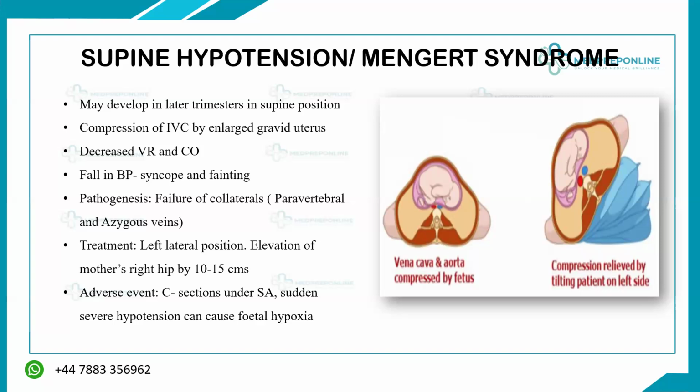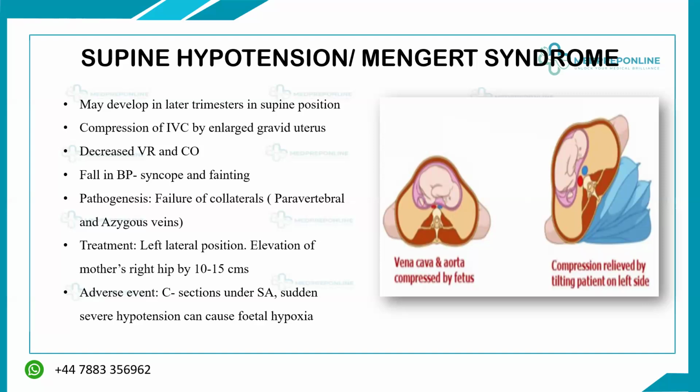So this may also be encountered during labor, but usually it doesn't appear, because in spite of being in the supine position in labor, there are still contractions, right? Uterine contractions, which forcefully push the venous blood back to the heart. So in a way that is protective, but what we need to be mindful of is that this may cause certain adverse events during C-section.